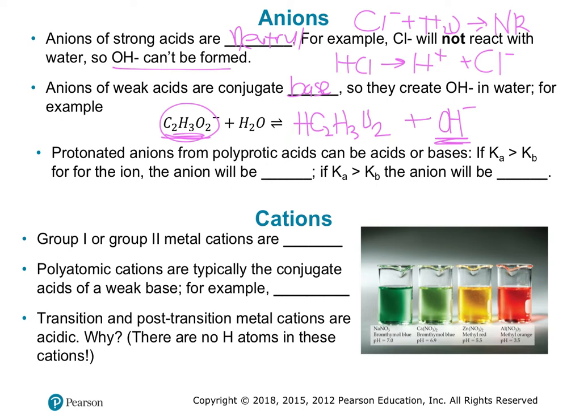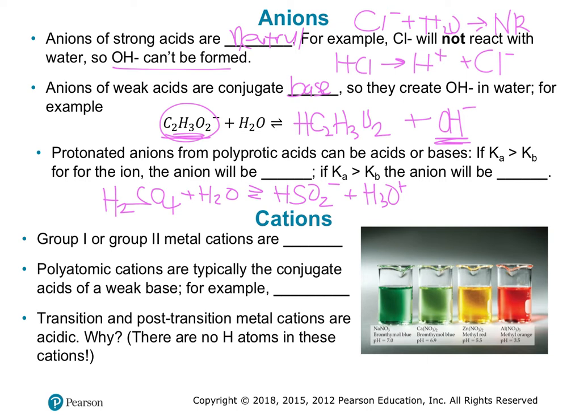When we're dealing with something like a polyprotic acid, it can either act like an acid or a base. So let's, for example, use something like sulfurous acid, H2SO3. It can react with water to form HSO3 minus plus hydronium.